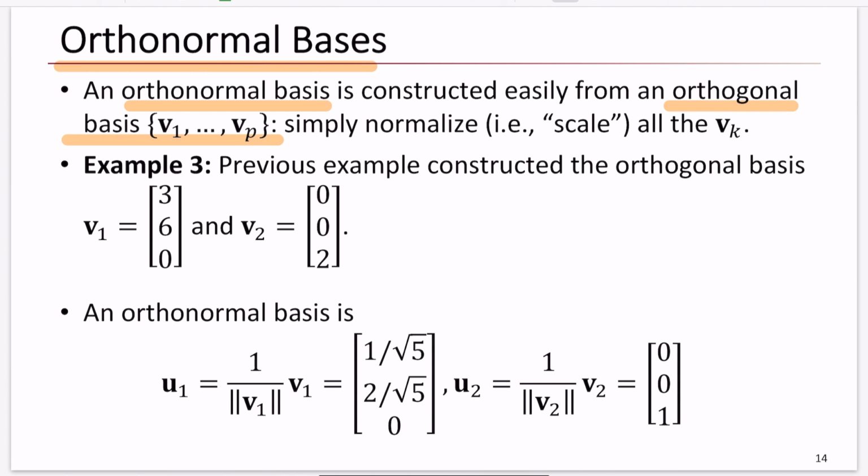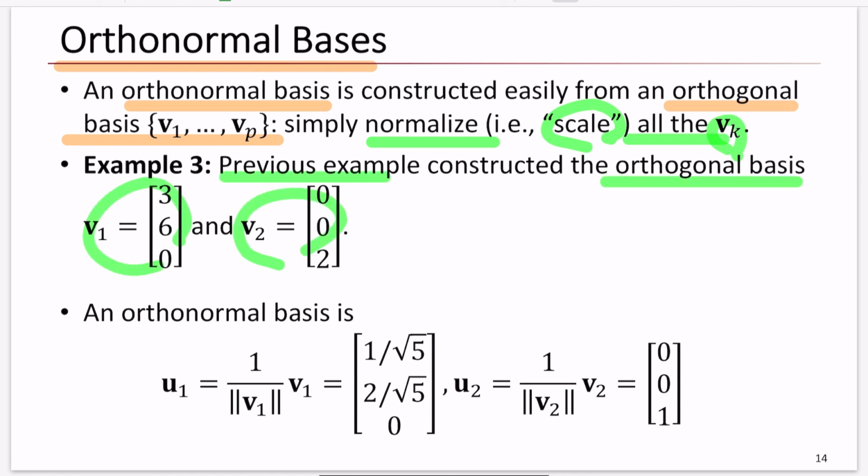Simply normalize, or scale, all vk to have 1 as the norm. For example, in the previous example, we constructed the orthogonal basis v1 and v2 for some subspace W. Then the orthonormal basis u1 and u2 can be derived by normalizing v1 and v2 by the length of v1 and the length of v2 respectively.